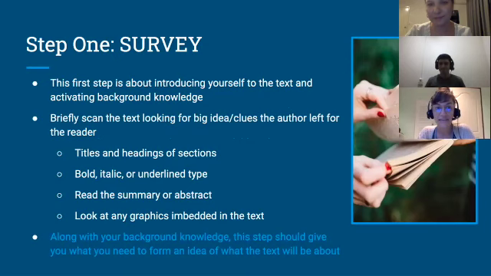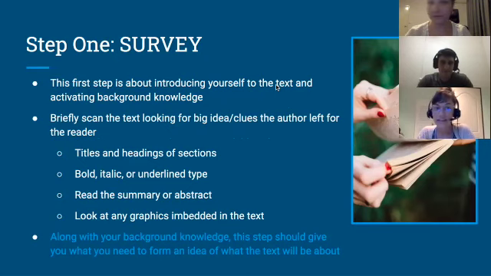And this activates your background knowledge, sees if you get any clues about what this reading is about. So you briefly scan the text looking for big ideas that the author left for the reader. This includes titles and headings of sections, bold, italic, or underlined type, reading the summary or abstract, and looking at any graphics embedded in the text.